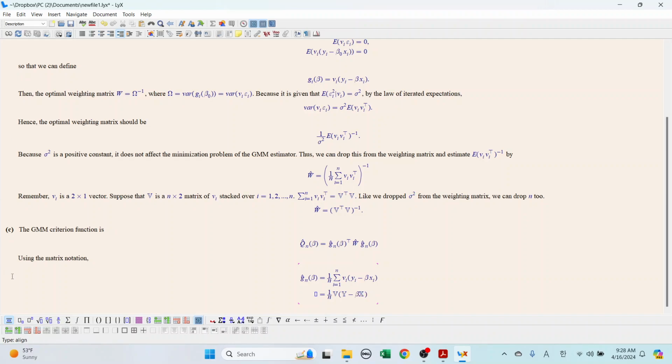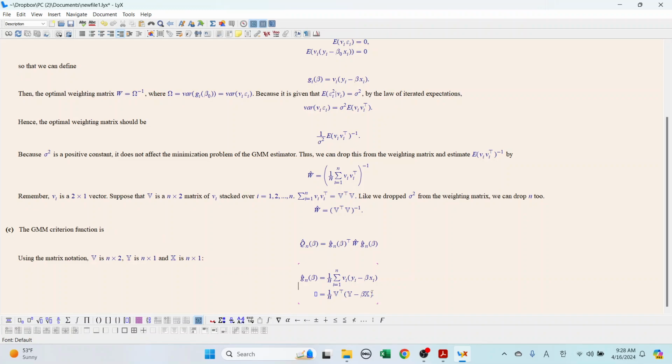So then think about the dimension. We have to transpose here, right? So the summation, like, V is n by 2, and Y is n by 1, and X is n by 1.